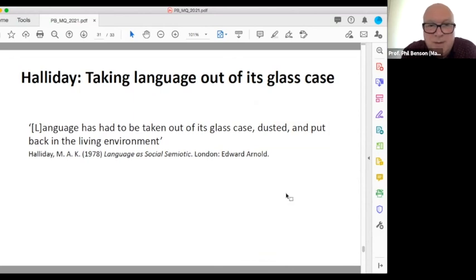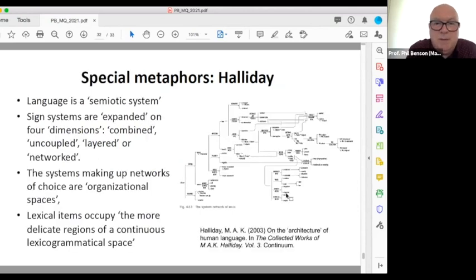Halliday has probably done as much as most modern linguists to put language back and to connect language with the environment. But again, his work is trapped in a whole web of these spatial metaphors.